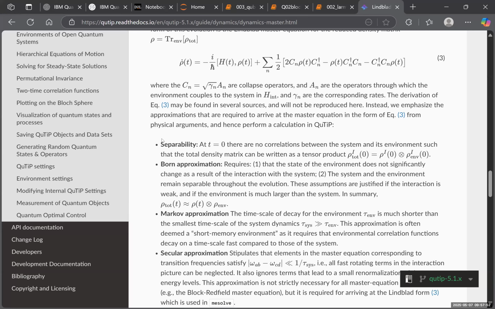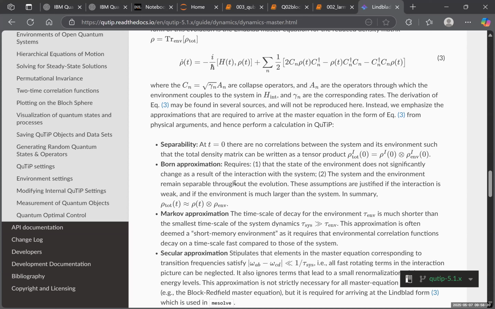Okay, so there are some assumed approximations, like you assume initially the system is not entangled with the environment, it is in a product state. And there's some approximation that the state of the environment does not significantly change as a result of the interaction with the system. So this environment is a big reservoir.